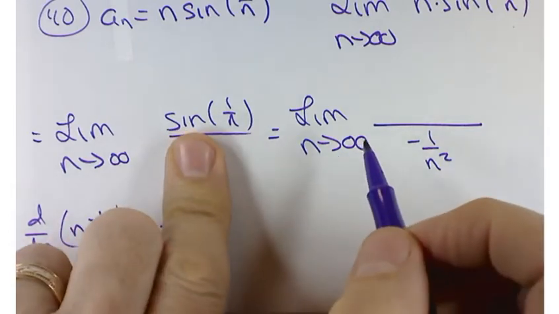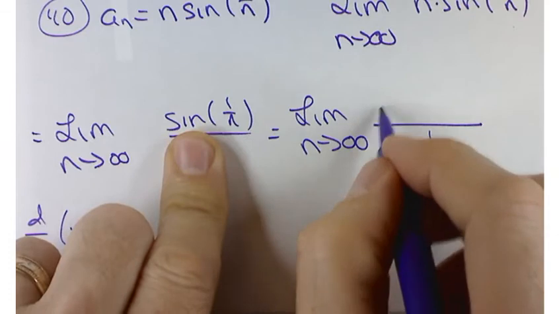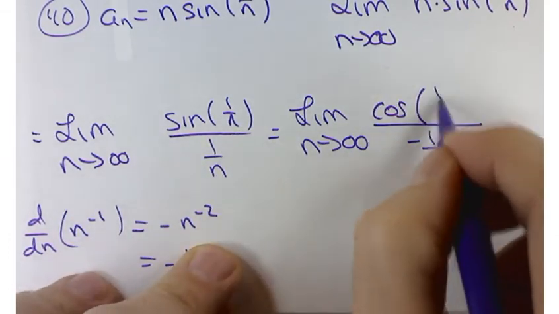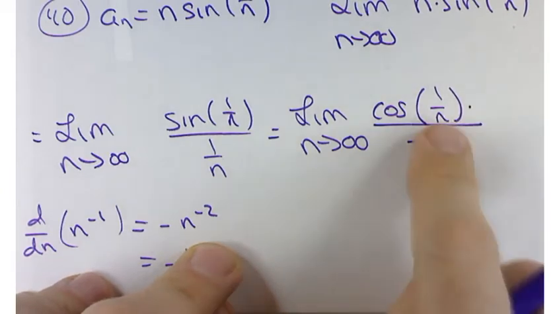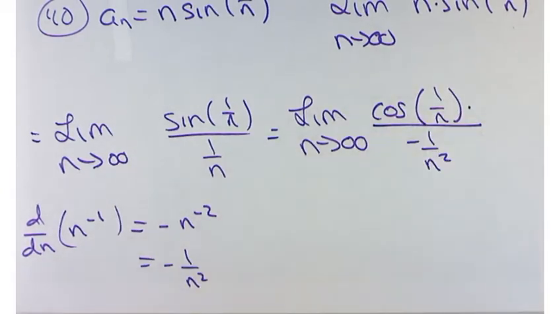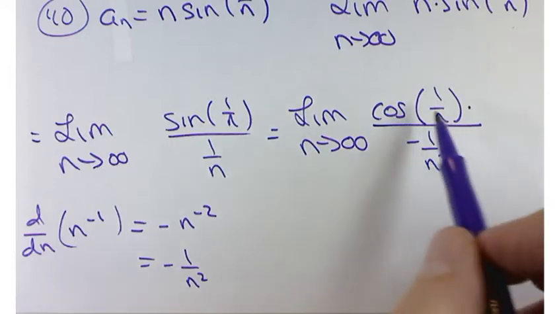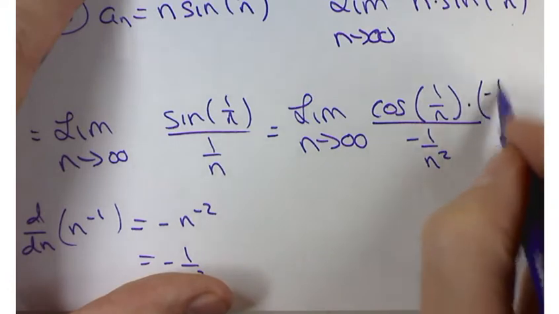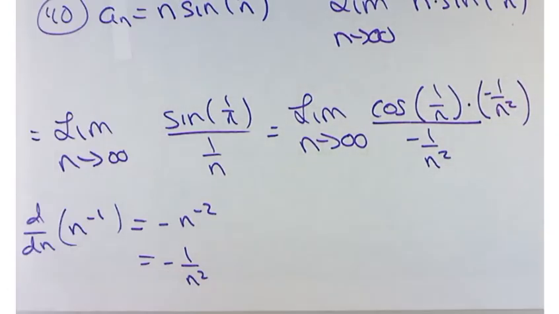What's the derivative of the outside? Cosine of 1 over n times the derivative of the inside. This is where mathematicians are famous for something like this. From here, the problem's already been shown. Well, we know what the derivative of 1 over n is, so I'm not going to calculate that again. It's just 1 over n squared.